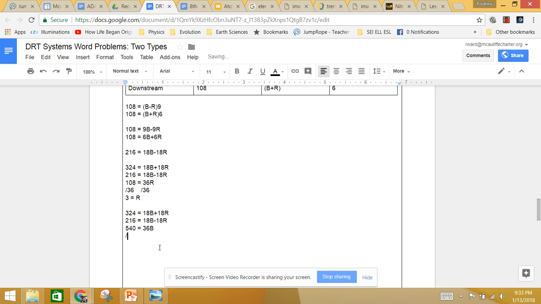So I'm going to divide both sides by 36. Okay. And so I'll end up with b on the one hand, and 540 divided by 36 is going to be 15, I believe.